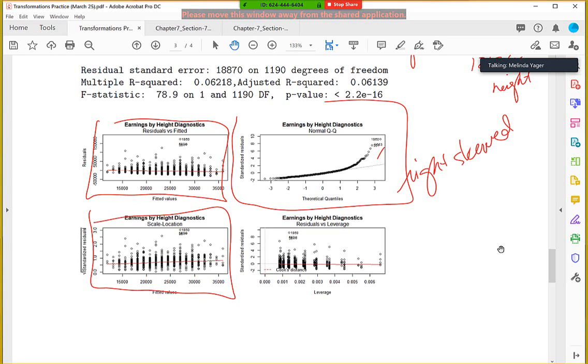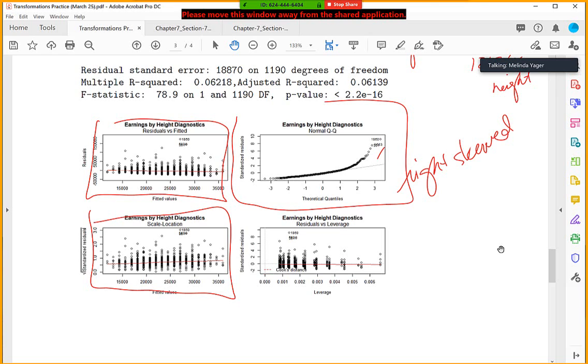How about any issues with leverage or influential points? Yes or no?